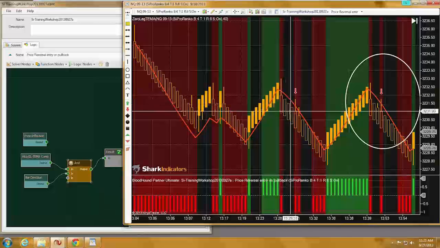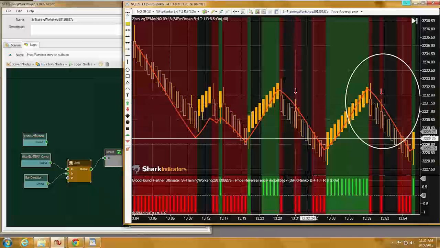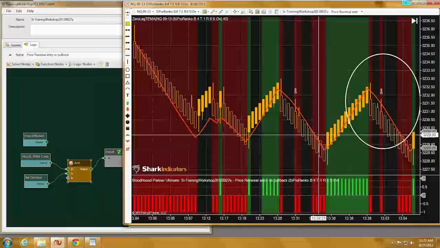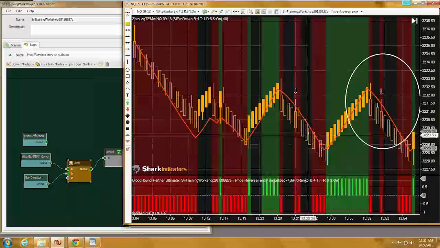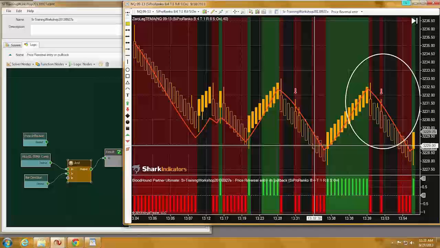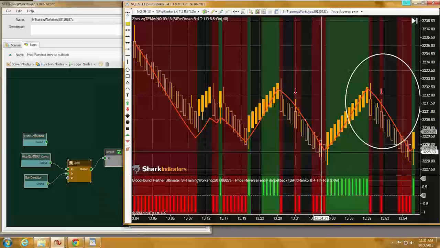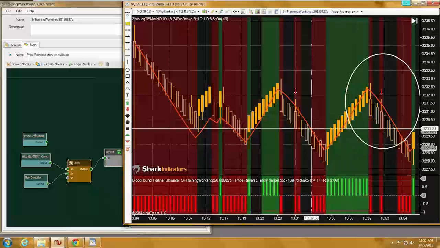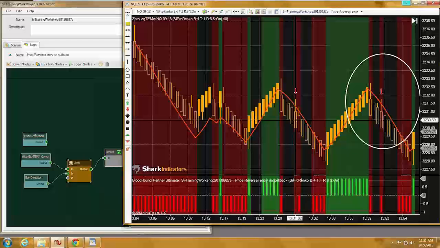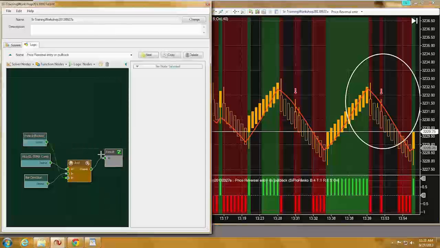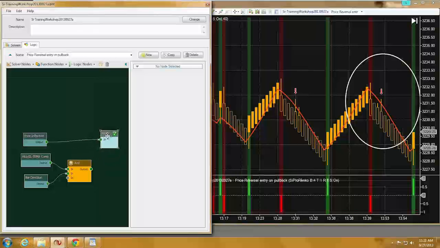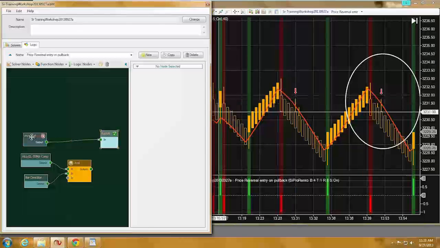I don't want to wait until price has made a big move and get into the trade way down here, because you just increase your chances of price changing direction again on you. Remember, our initial signal is just price reversing, and then we're looking to get in on a pullback.